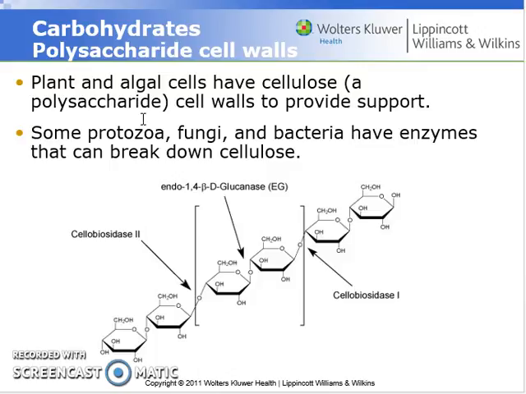Cellulose is something that we typically have a hard time breaking down, but there are some organisms, like protozoans, fungi, and bacteria, that have the necessary enzymes in their gut, or release them, that can degrade that cellulose and convert it to a smaller form to be used to construct energy for the cells.